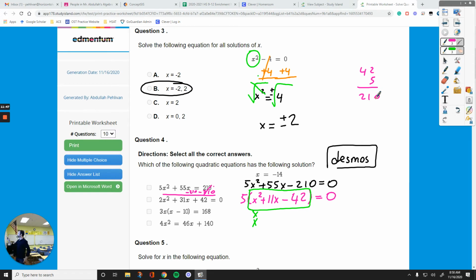Okay, let's just factor out 42. 42 equals 1 times 42, and it also equals 2 times 21. It also equals 3 times 14. Okay, I think I found the number that I'm looking for. Yeah, I found the numbers that I'm looking for.